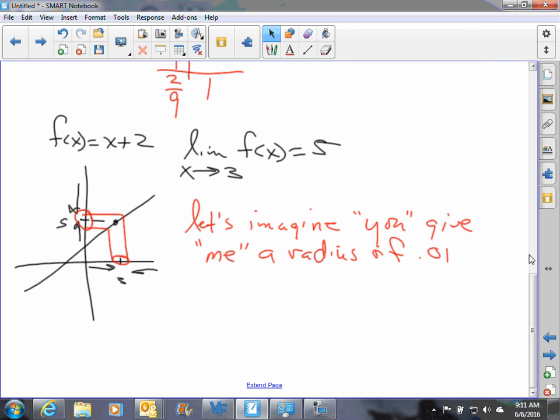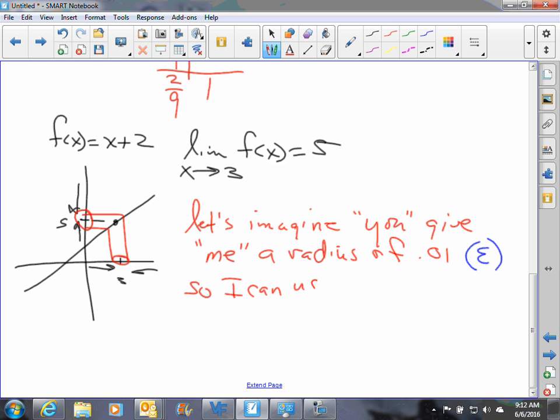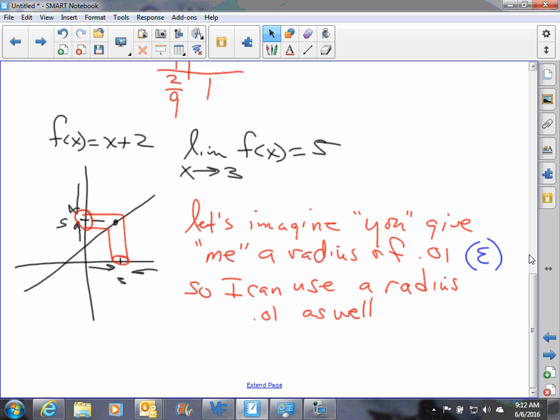Now, I'm going to put in parentheses here a Greek letter, epsilon, and I'll explain that later. Okay, so I can use then a radius of 0.01 as well. And I'm going to put right next to my radius a little Greek letter delta, and I'll explain that a little later.